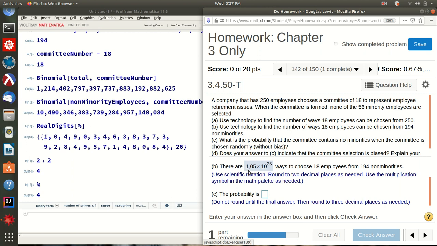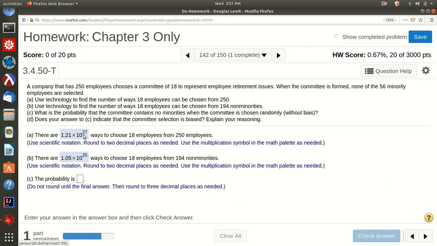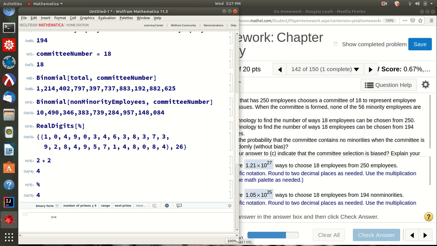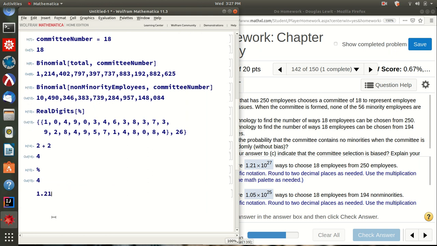So that's going to be 1.05 times 10 to the power 25, divided by 1.21 times 10 to the power 27. So let me see. We can do that in Mathematica. 1.21 times 10 to the power 27.